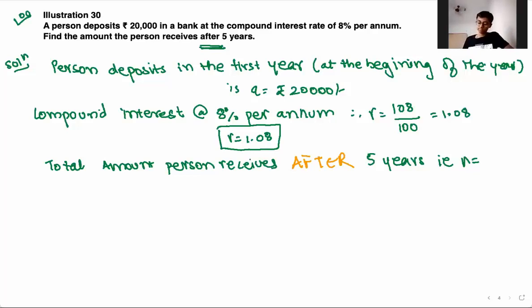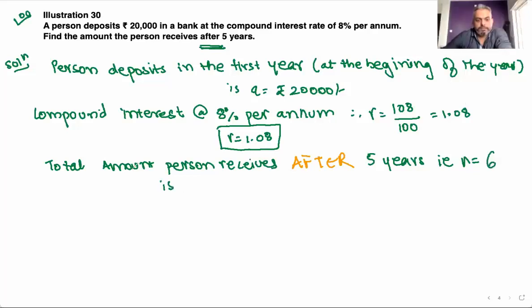N will be equal to 6. Keep the total amount person receives after 5 years, that is n is equal to 6.